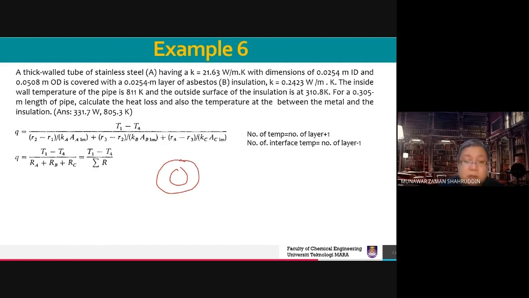Oh sorry, lukisan saya memang agak abstract.